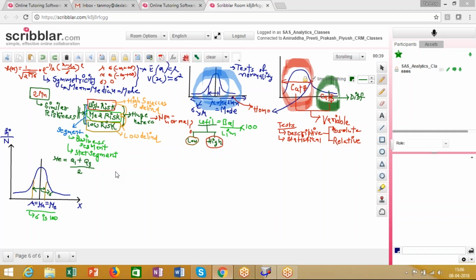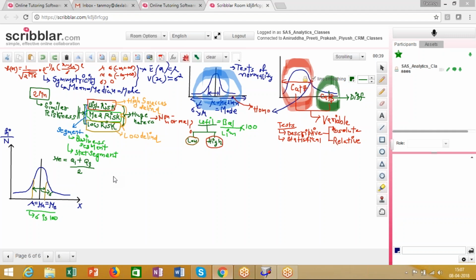These are the basic characteristics that we generally get to see in case of a normal distribution.